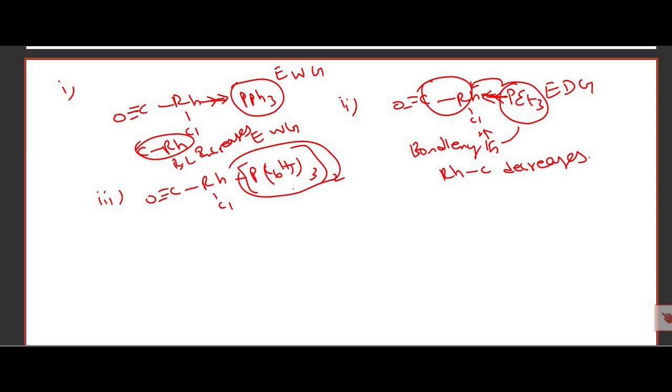And in option 3, it is a more electron withdrawing group, and here the Rh-C bond length is greater than option 1. Here it's more back bonding.